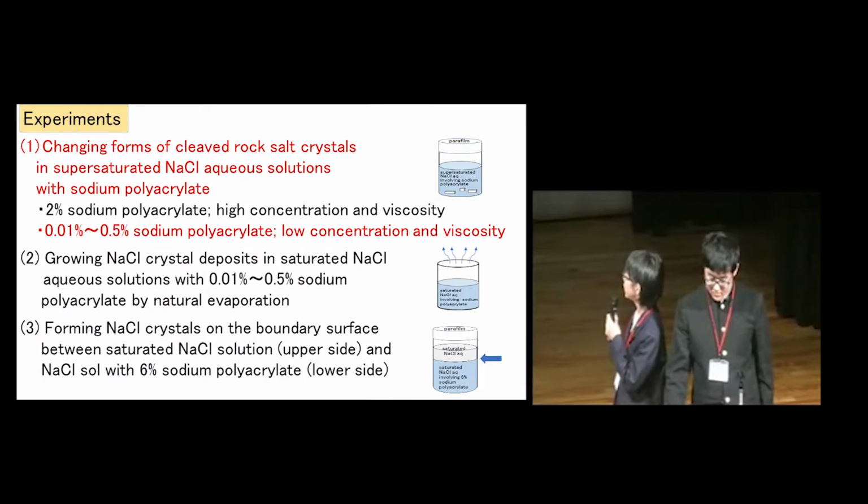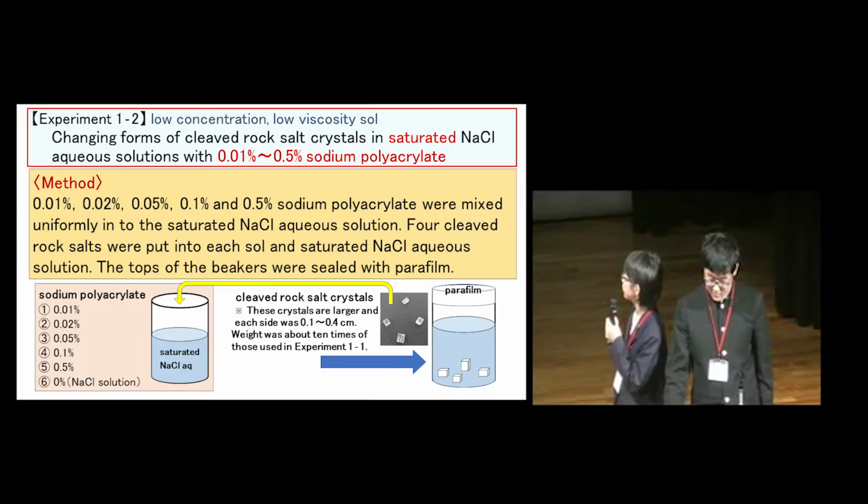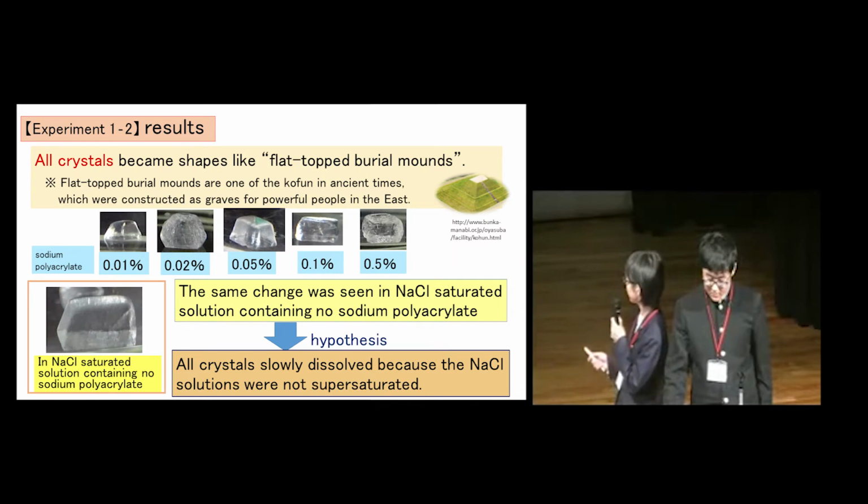Secondly, we used low concentrations of sodium polyacrylate. We mixed 5 different concentrations of sodium polyacrylate into the saturated NaCl aqueous solution. We put rock salt into each saturated NaCl aqueous solution. Then we sealed the top of the beaker with paraffin. These are the results.